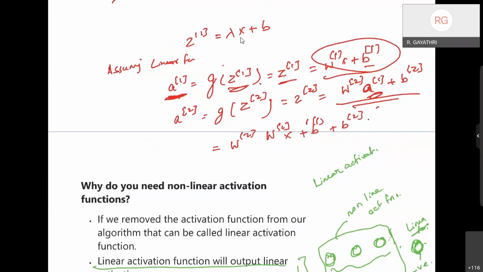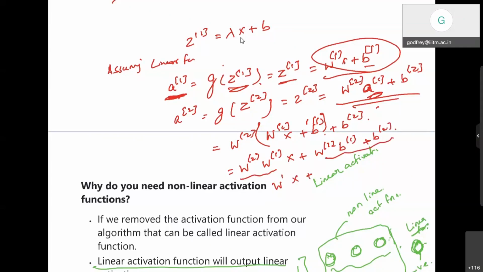Now we can write this as W2 into W1 into x plus W2 into B1 plus B2. Now you can write this as W dash x plus b dash, this entire thing you call b dash. So what do we have? We have once more a linear function.